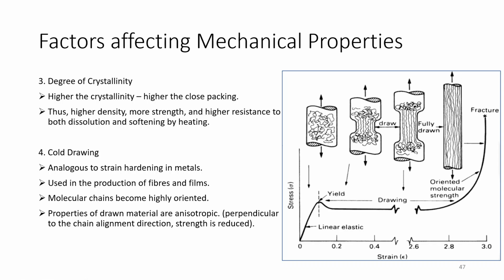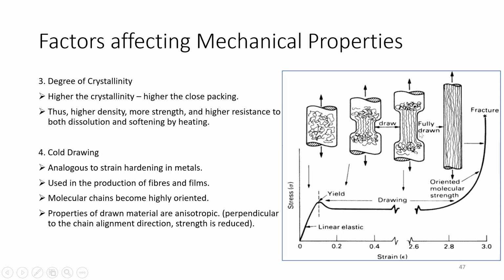Next is factors affecting mechanical properties. The third factor is degree of crystallinity. The higher the crystallinity, the higher the close packing. As you can see, in the crystalline regions these linear chains come very close, which makes the density higher.